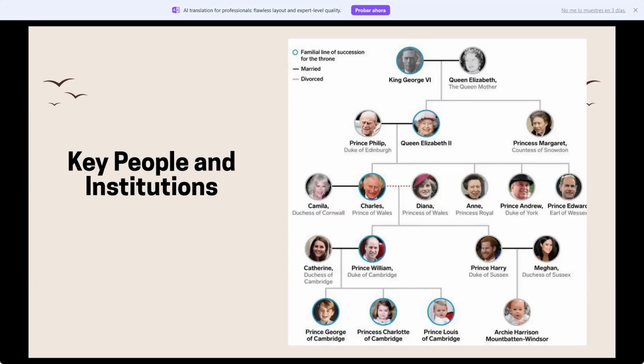Key institutions: we have the Houses of Parliament, that is the House of Commons and the House of Lords. And we also have the Supreme Court, that is the highest court in the United Kingdom. In the slide, we can see the royal family line.